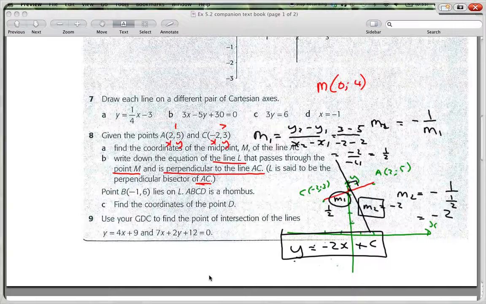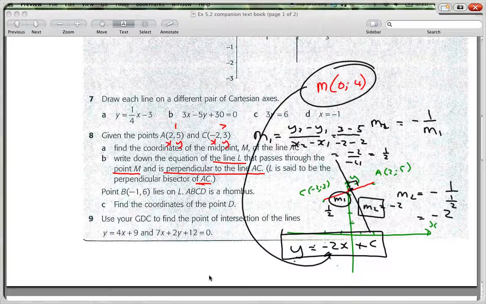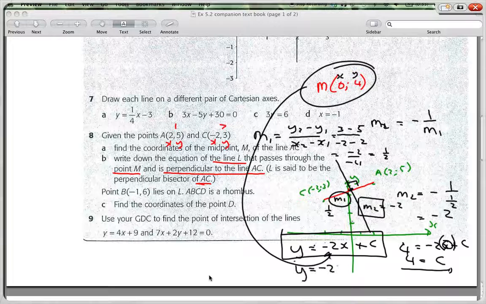To find out what c is, we just take this point that we found and substitute it into here, because this is my x and y. I put that in, so that's going to be 4 is equal to -2x plus c. I didn't really need to do this at all, obviously, because that is on the y-intercept, so c is equal to 4. So I have got y is equal to -2x plus 4. Didn't really need to do that substitution.